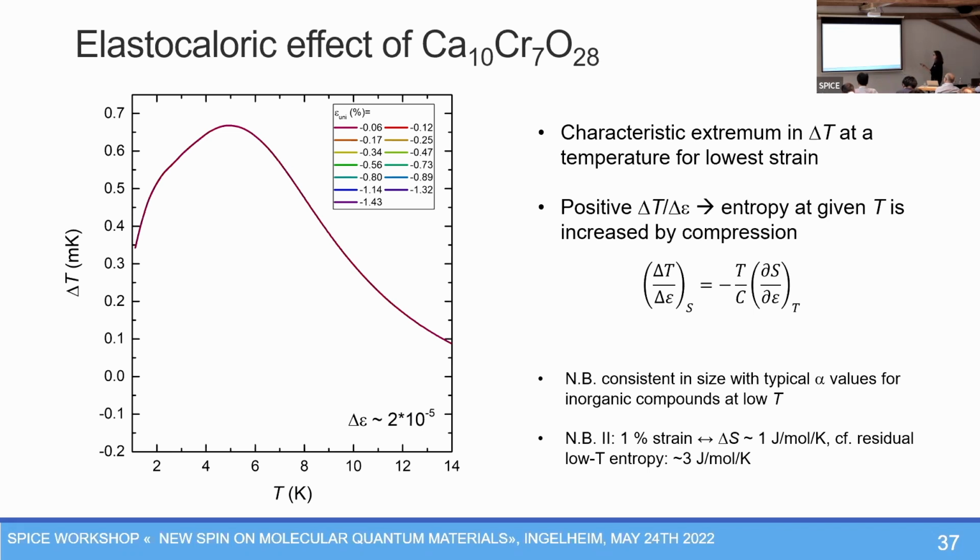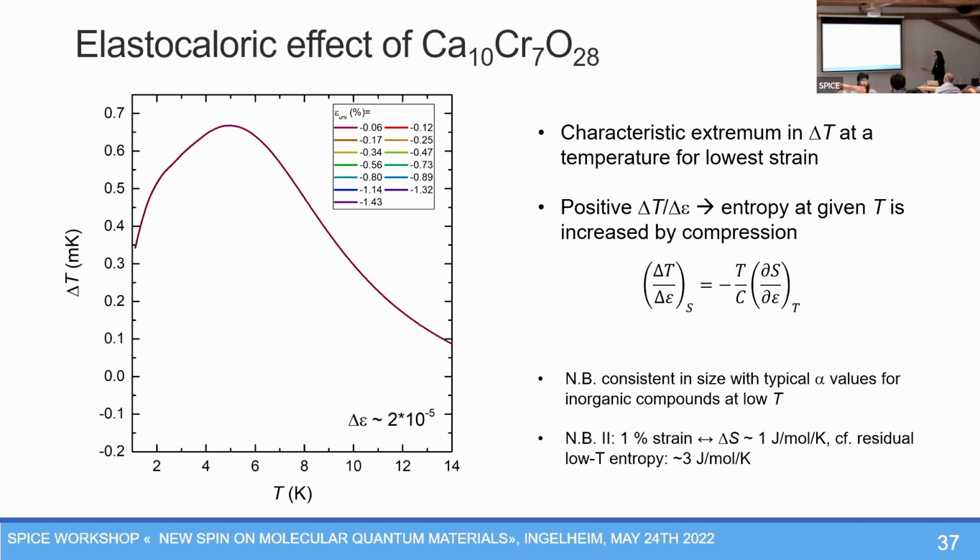We can calculate the expected size of that signal based on the reported specific heat and thermal expansion, because the dS/dε is directly proportional to the thermal expansion. And this is consistent. The size of the elastocaloric effect that we observe here is consistent with typical alpha values for inorganic compounds. And actually last week I heard that Michael Lang has thermal expansion data, and then I can even do that more quantitatively.